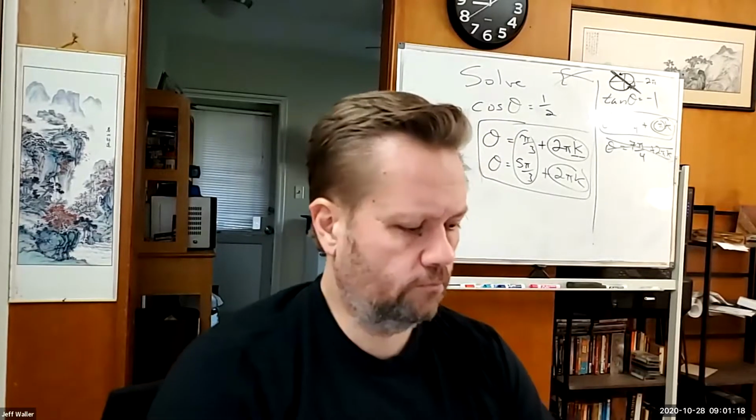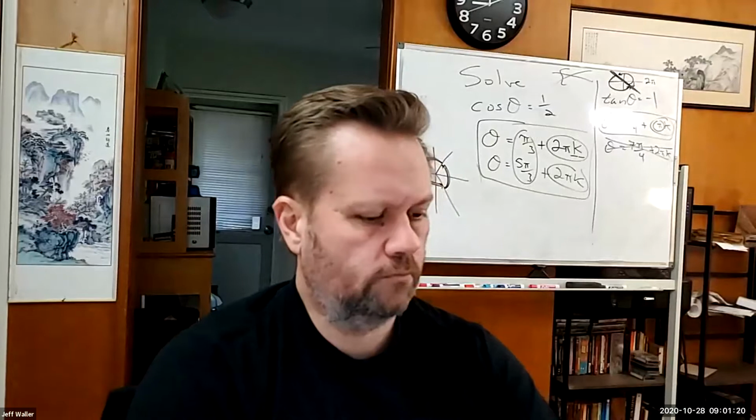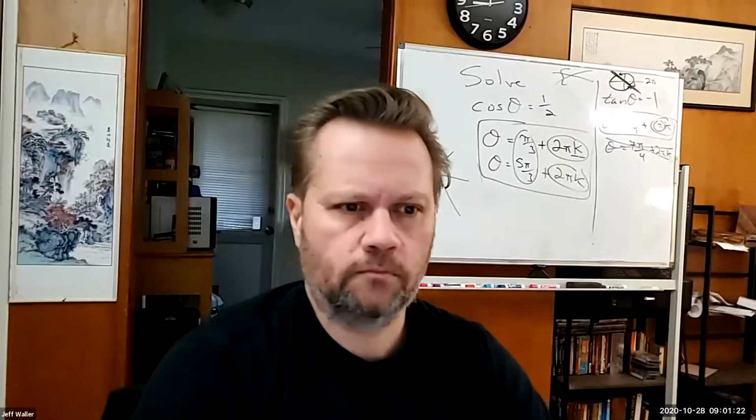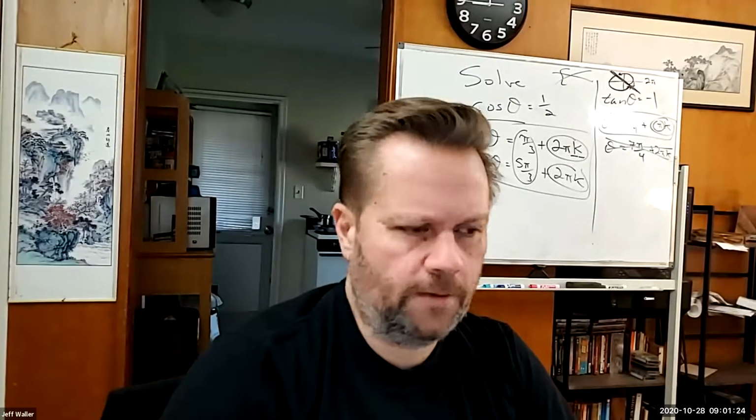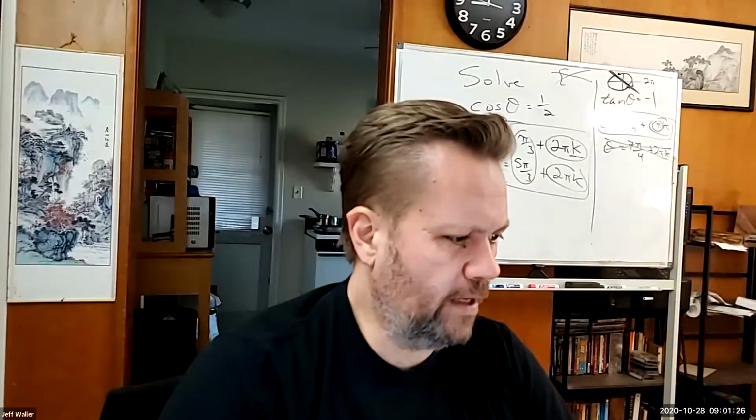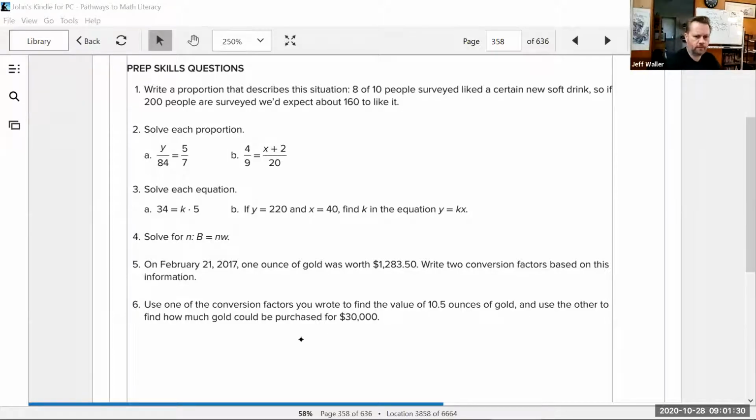I had a question. Number 6 on 3.5 on page 358. Oh, yeah. So this is going back in time a little bit for us. There's two parts to the question, right?